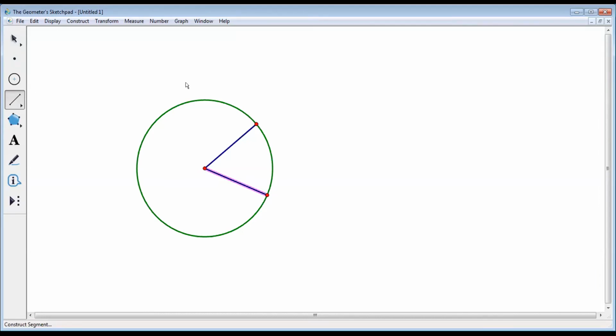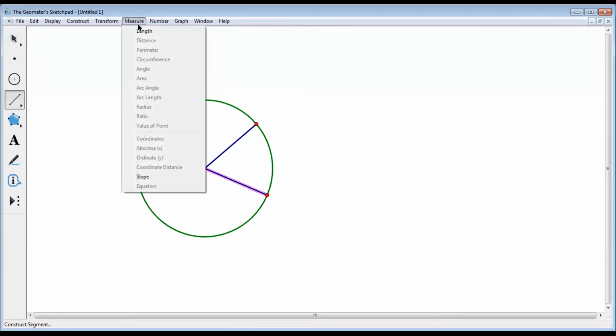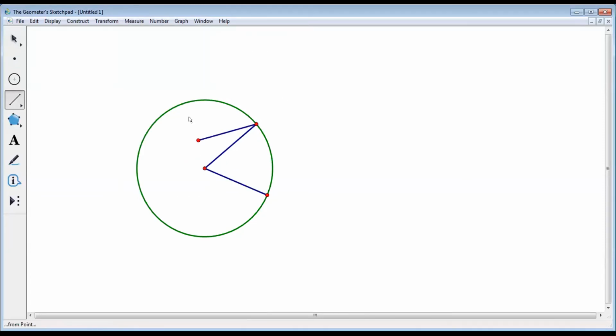And let's measure the central angle. So you can click the 3 vertices, which make up, or the 3 points, which make up your angle. And I'll do the same thing here.